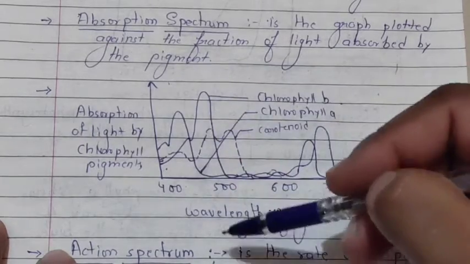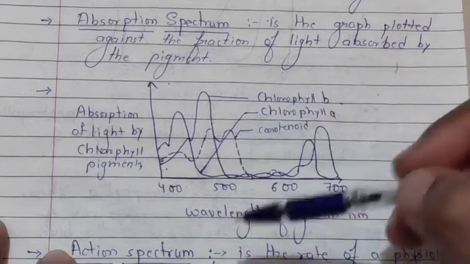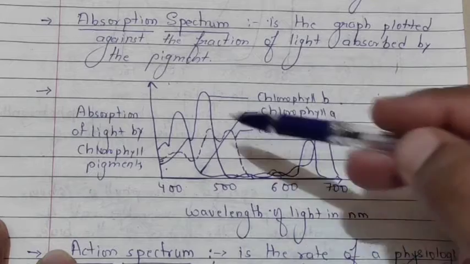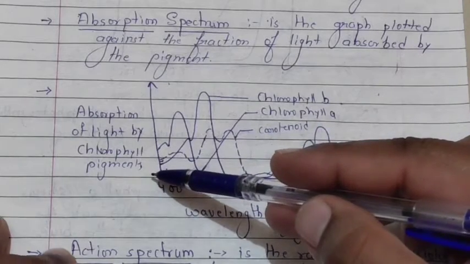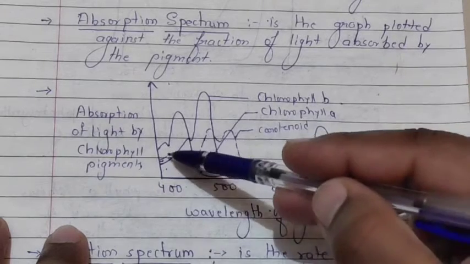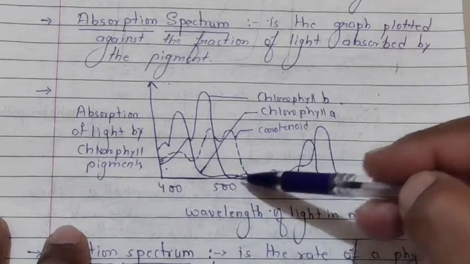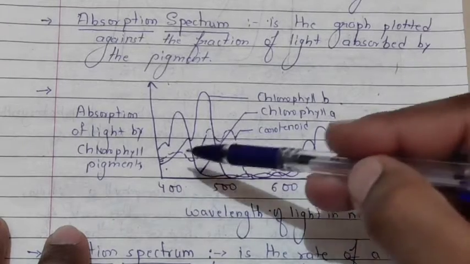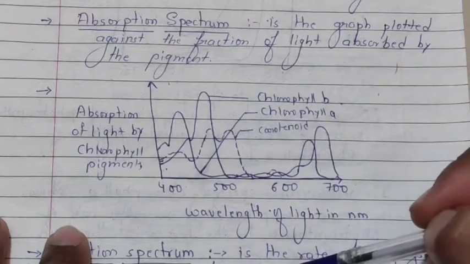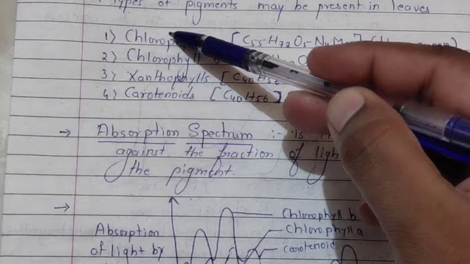And along the y-axis you can see the absorption of light by chlorophyll pigment and other pigments also. So basically this graph is showing the absorption of light at different wavelengths by the pigments. What is the role of these pigments?